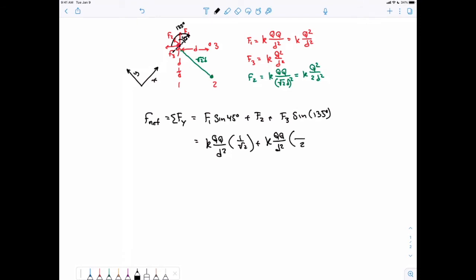So I'm going to bring that 1 over 2 into this fraction over here, and it's the entire thing. There's no sine term to consider. And then F3 has a magnitude of K Q Q over d squared, and sine of 135 degrees is 1 over square root of 2. So you can see that the terms before these parentheses are all the same. I can factor it out.